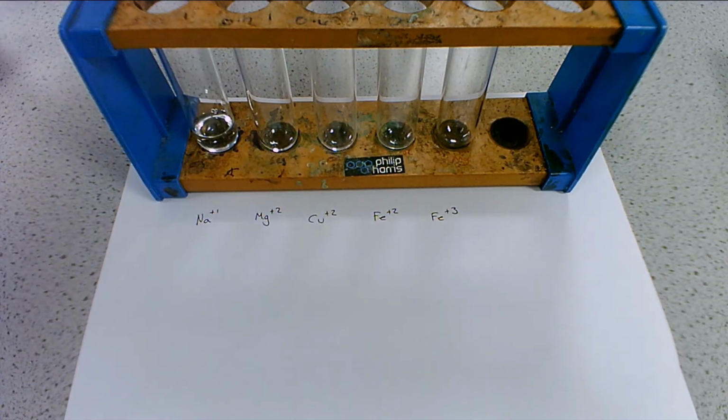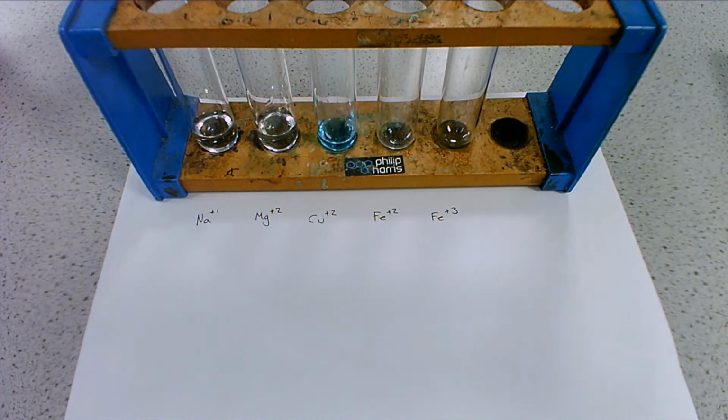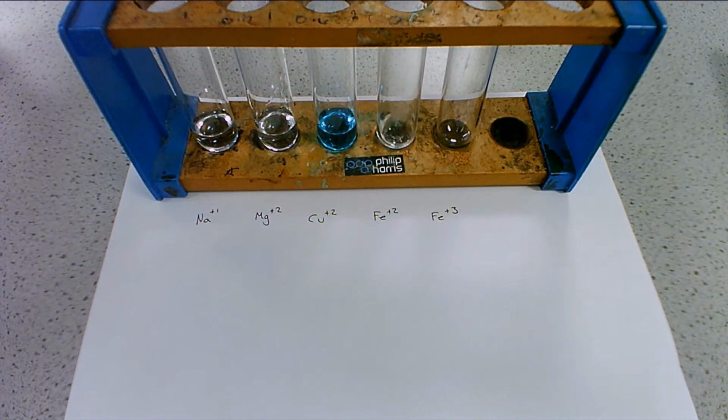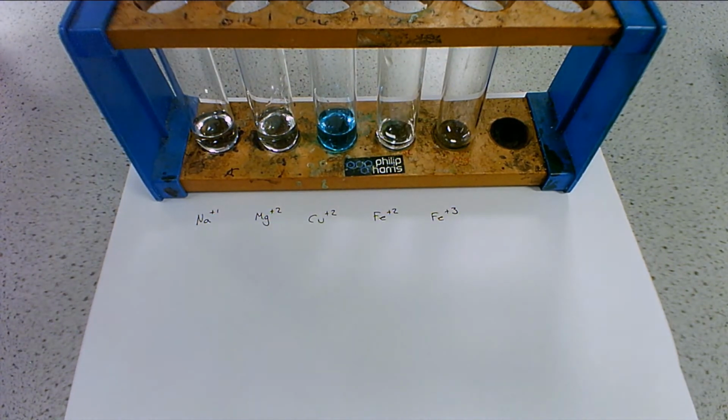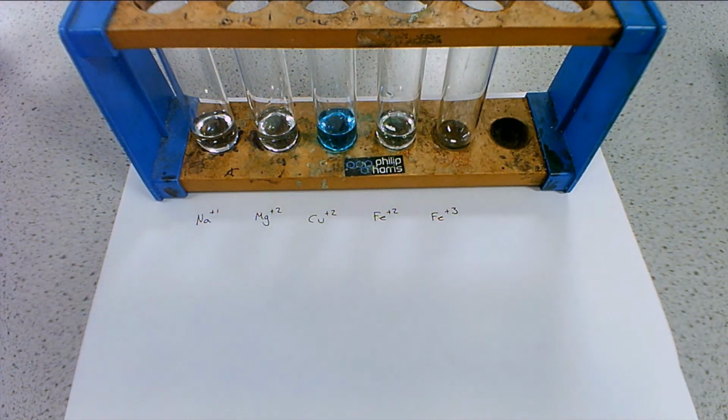I've got magnesium sulfate containing magnesium ions. I've got copper sulfate containing copper ions. I've got iron sulfate containing iron 2+ ions. And I've got iron sulfate containing iron 3+ ions.